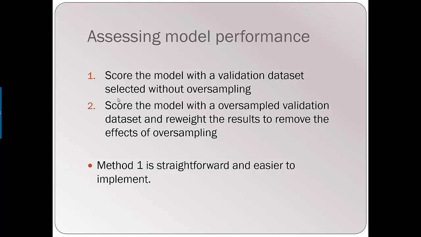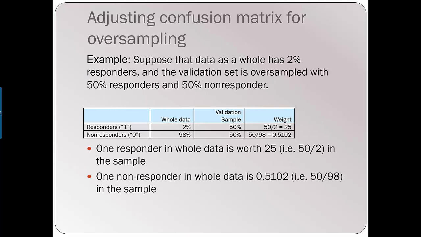Okay. Or if your validation set is also oversampled, then you have to make some adjustments. Method 1 is straightforward and easier to implement, but you may not have that luxury always. So you may have to end up with having oversampled validation also. So in which case, how do you adjust for the performance measures?